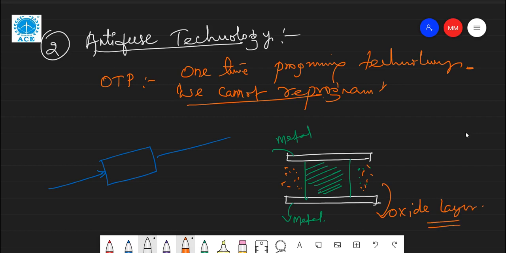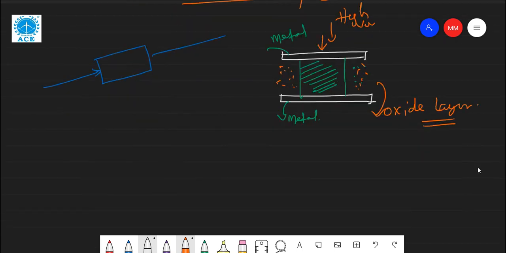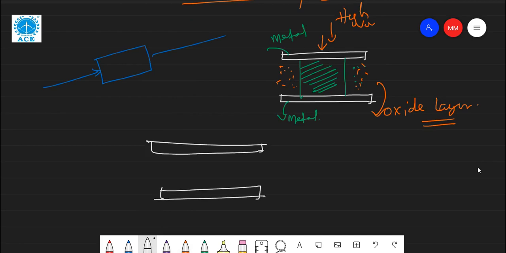Whenever high voltage is given, conductivity starts from here. Then it will look like this: this is metal one, and this is metal two, and these two open like this, and conduction starts from here.